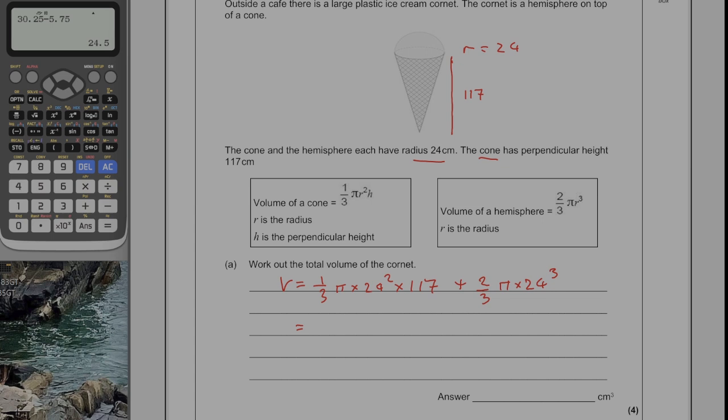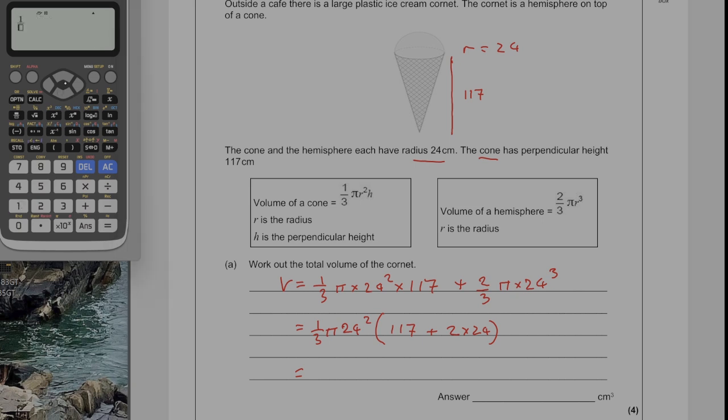So you don't need to do this. I could actually take 1/3 pi times 24 squared out as a factor and say that's going to leave us with 117 plus 2 lots of 24. Right, so let's type that in.